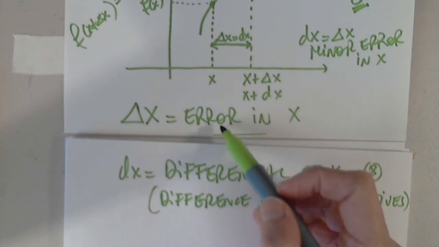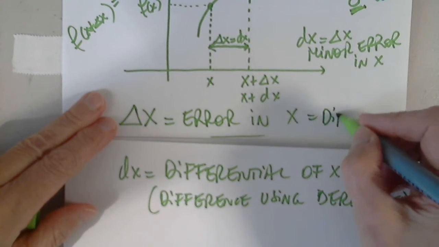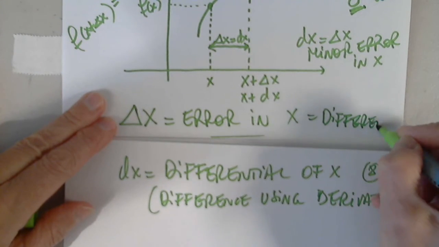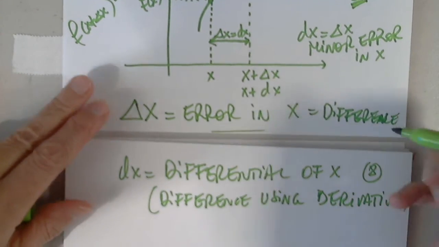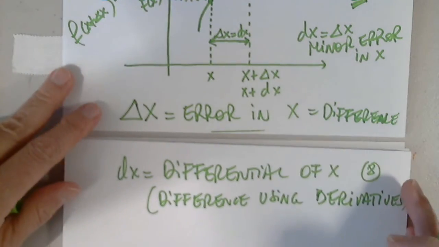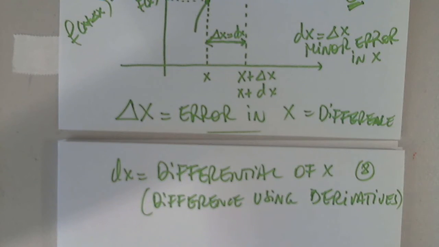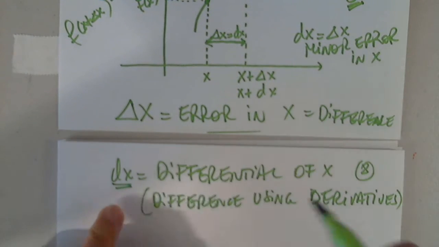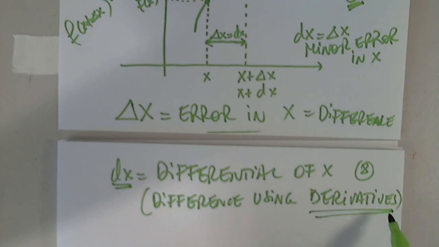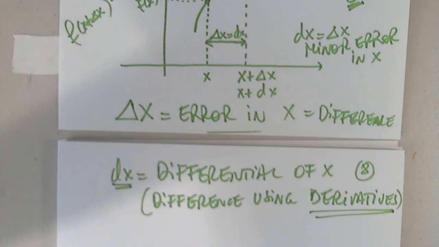It's still a difference. If you want tolerance, if you measure something, a difference or an error in x. But this one is specifically determined using the derivative. It's not exact, though it will be the same in these situations, because it's determined in the same way.